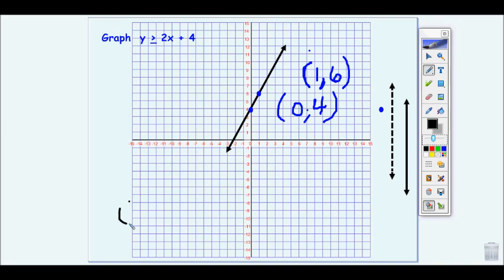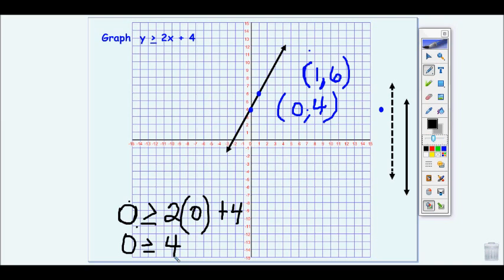So is 0 greater than or equal to 2 times 0 plus 4? Again, we like 0, 0 because it makes math very easy. 0 is my only term on this side of the symbol. 2 times 0 is 0, so I'm left with just 4. Is 0 greater than or equal to 4? That is not a true statement.